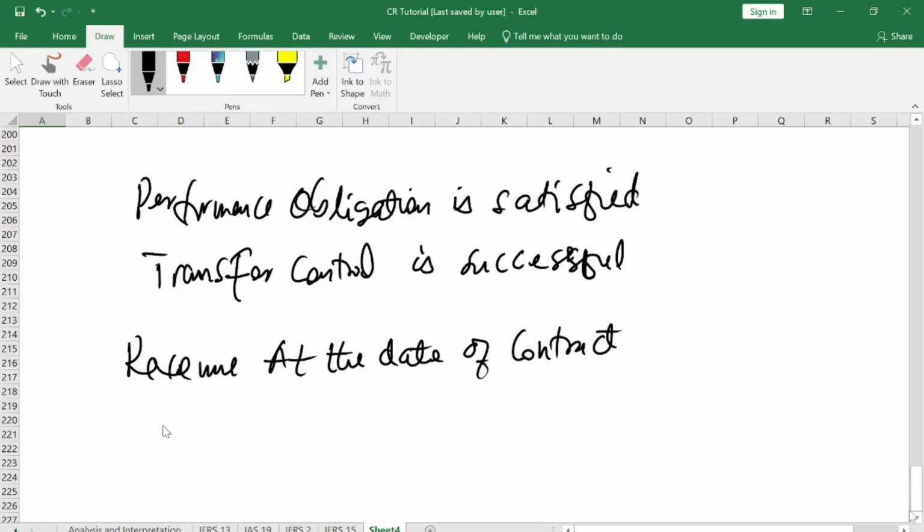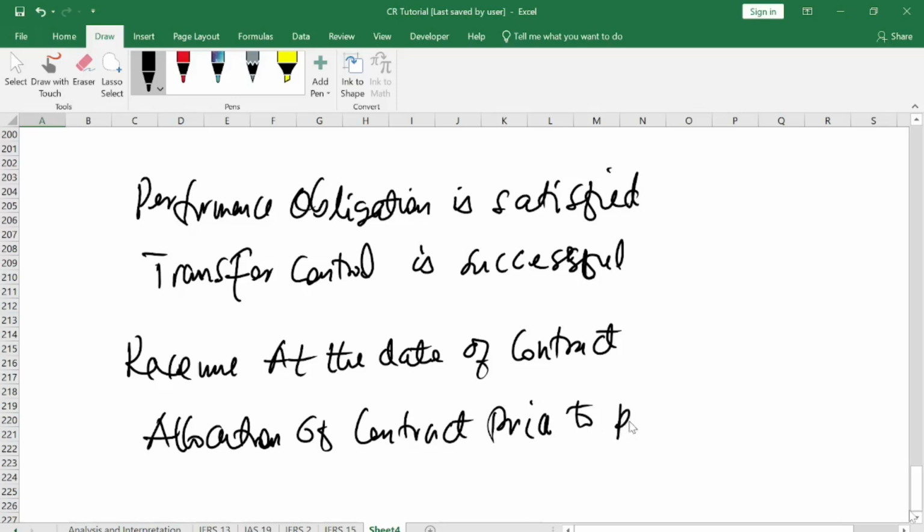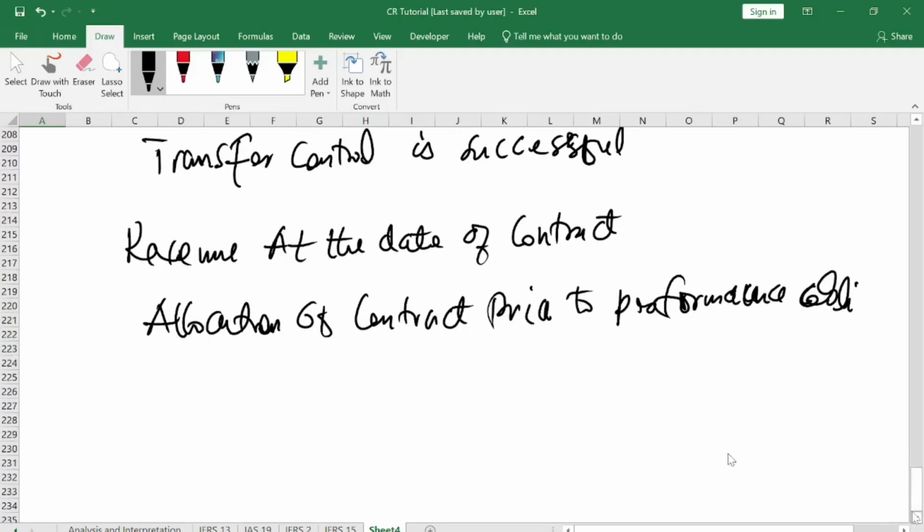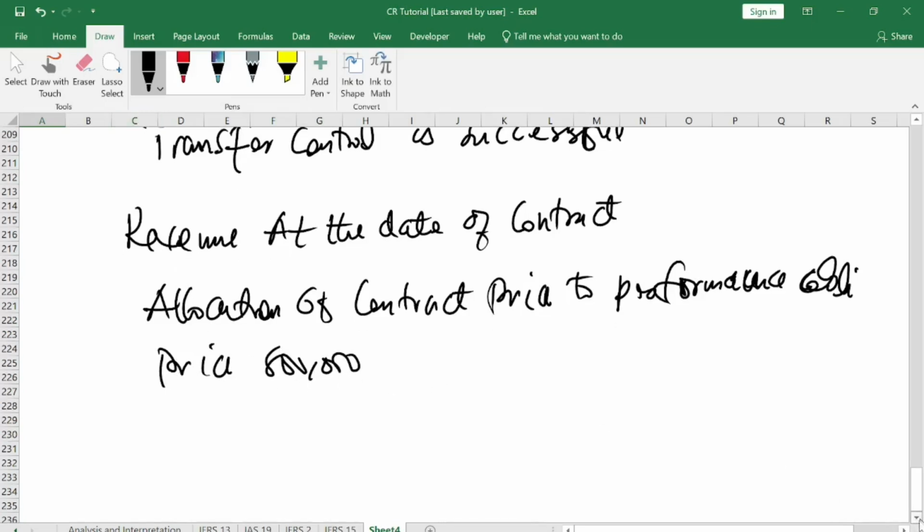So you can say allocation of contract price to performance obligation. How do you do that? This one is simple. You can just recognize revenue. That's all. So the price is 800,000.